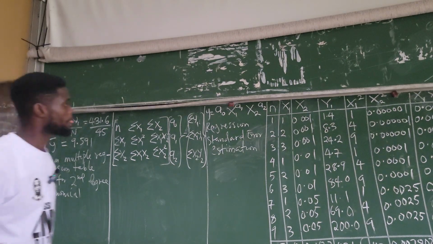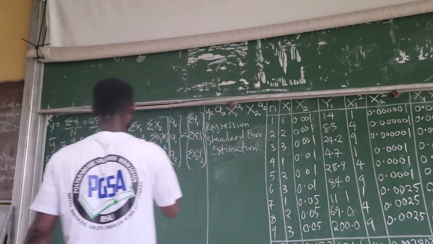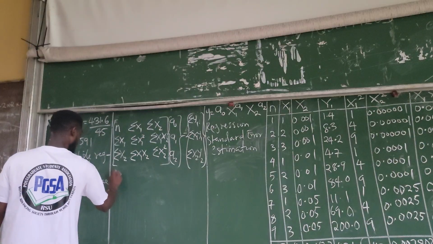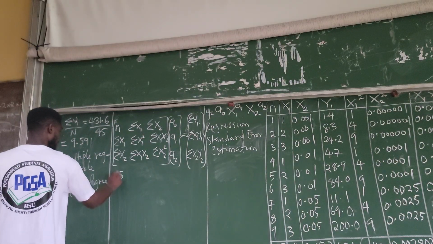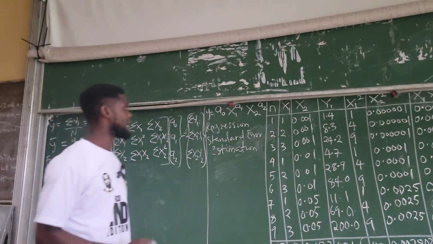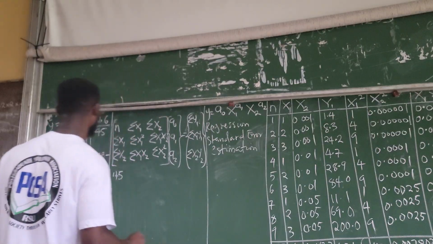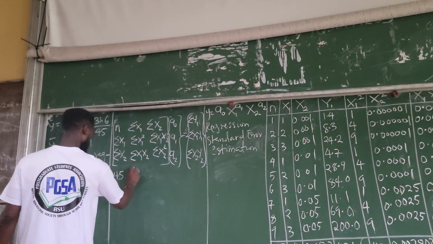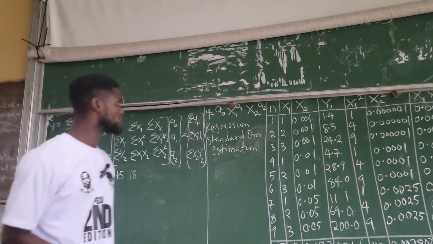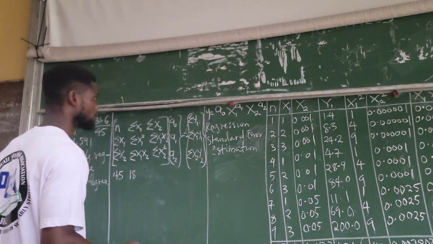So if we do that, we're going to have n is 45. So we have 45. After having 45, our summation of x1 is 18. So we have 18. After having 18, summation of x2 is what?